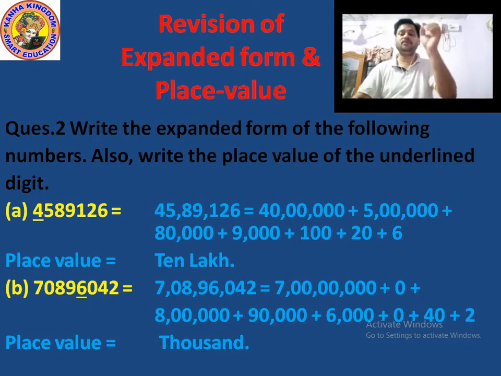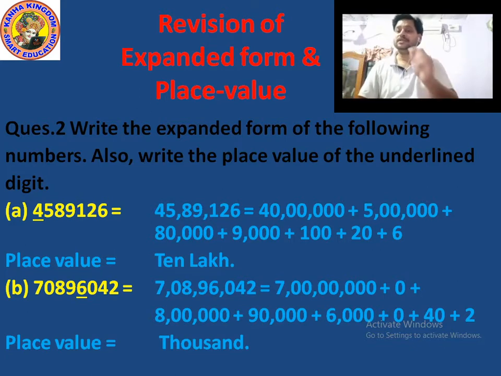Means 7 comma 00 comma 00 comma 000 plus, and after 7 which digit? 0. So 0 remains 0. So plus 0 plus, after 0 which digit? 8. And where is 8? 8 in lakhs place, and after 8 comes a comma.